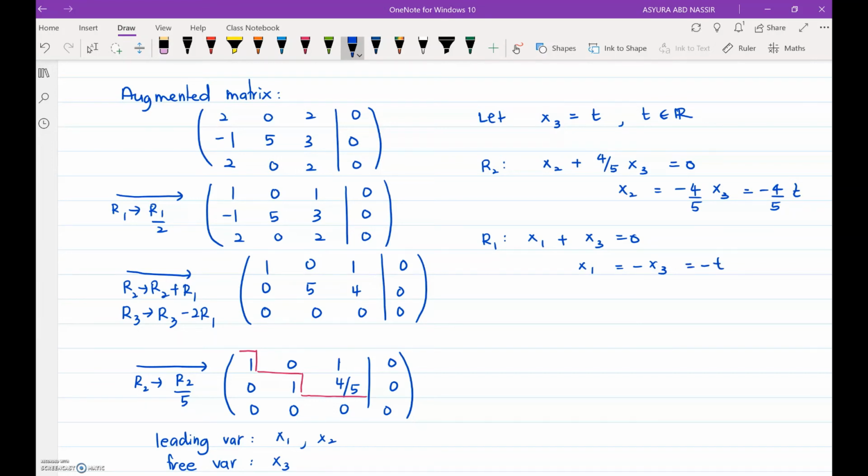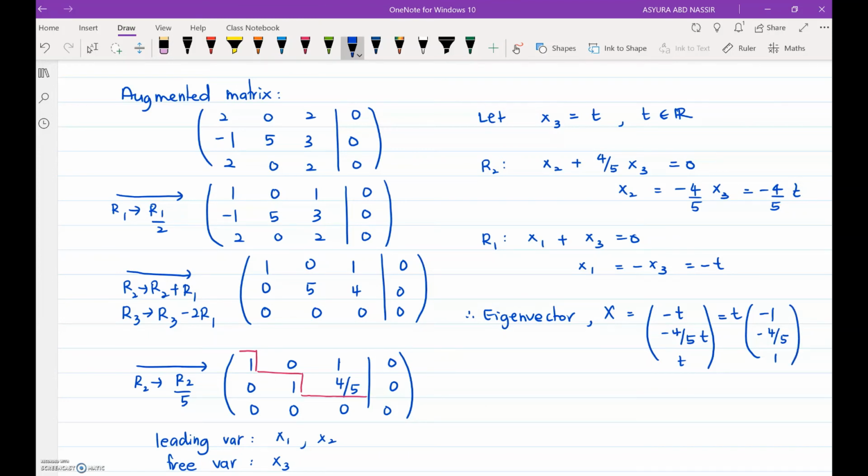So what will be your eigenvector? The eigenvector, let's say we use x, will be negative t, negative 4 over 5 t, and t, and we can write it as t times negative 1, negative 4 over 5, and 1.